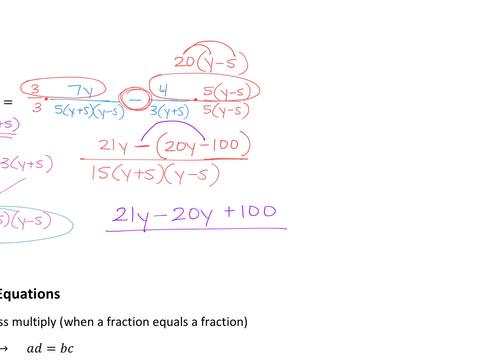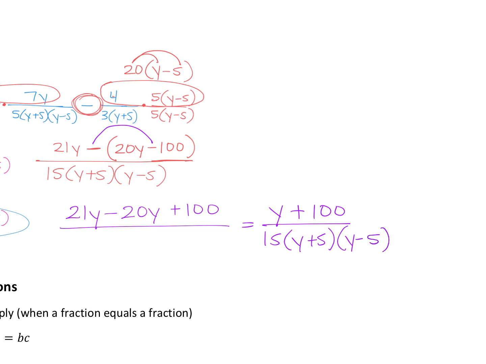So simplify that again. 21y minus 20y is y plus 100 over 15 times y plus 5 times y minus 5. Can you reduce any of that? You cannot, okay? So that is your final answer.